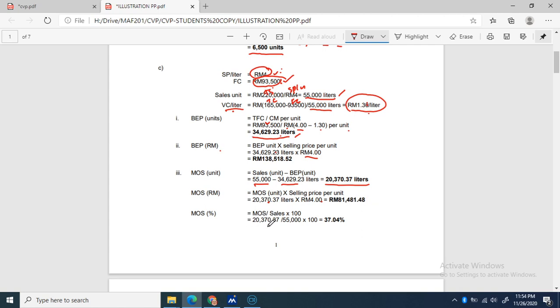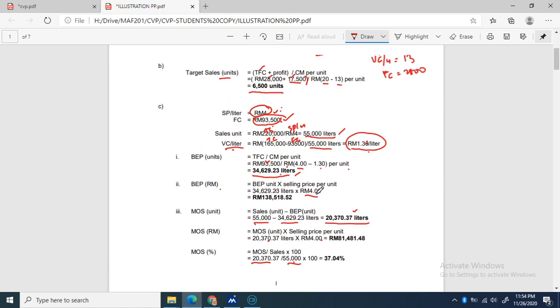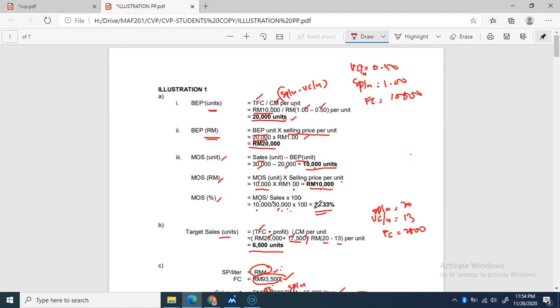MOS in percentage, MOS in units divided by sales 55,000, so you get 37.04%. So this is how we calculate the BEP, target sales, and MOS by using the formula.